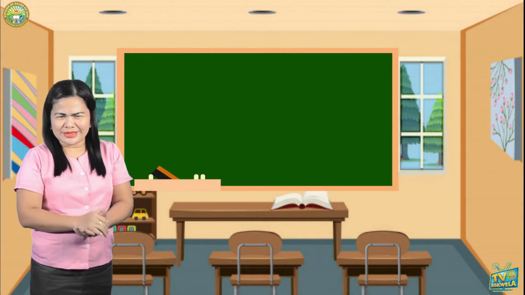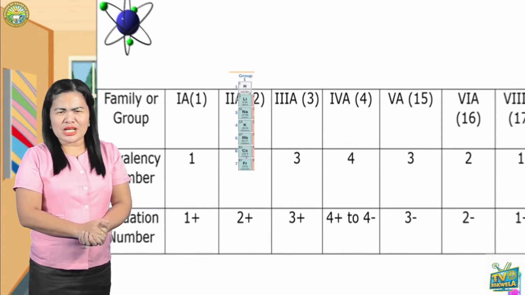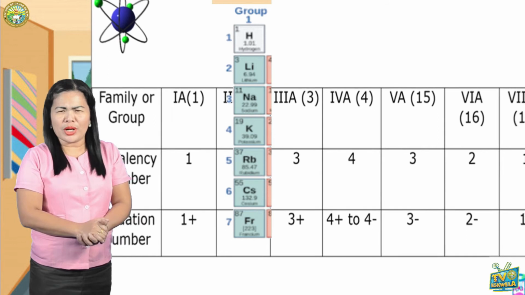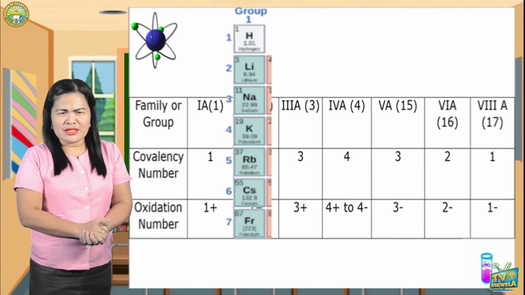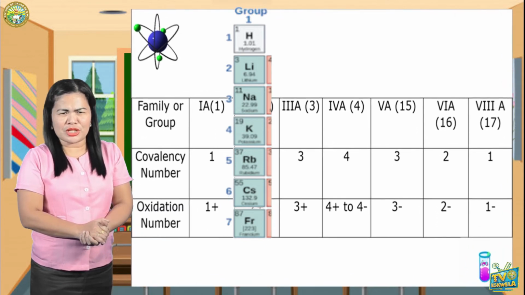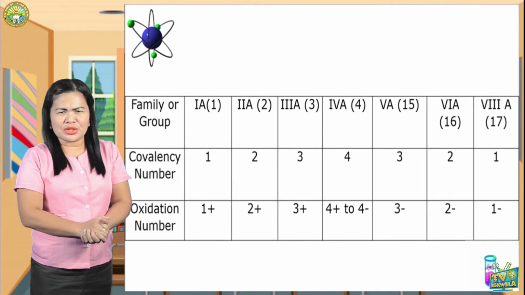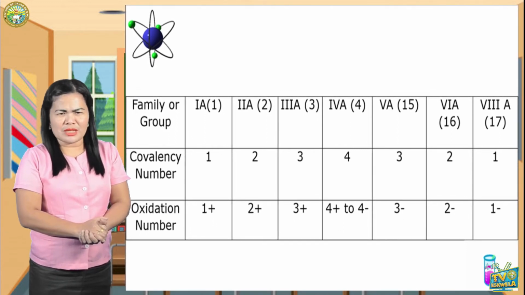Okay, that's right. From the table given, each element has a covalency number of 1, which means they can only have one bond, and an oxidation number of positive 1. Same also with the other group of elements found in the table.